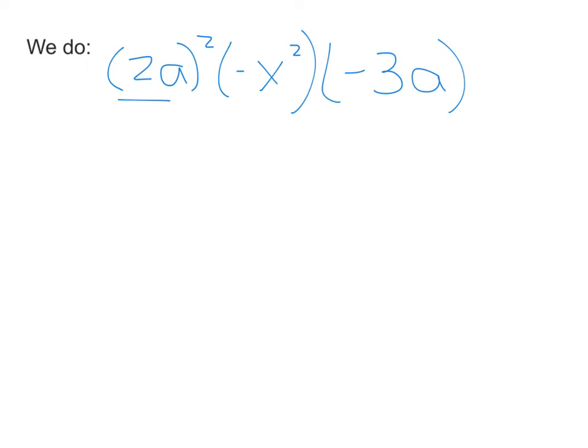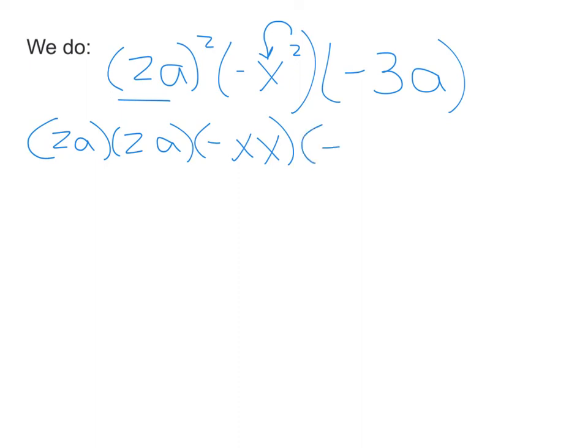So when we expand, which is the first step, we're going to say 2a times 2a, and now I'm going to expand this 2, and it's on the inside of the parentheses, so that 2 only goes with the x. So I'm going to rewrite that as negative x times x. Remember that 2 doesn't go with the negative sign, it only goes with the x. And then I don't need to expand this last one, I'm just going to rewrite it as negative 3a.